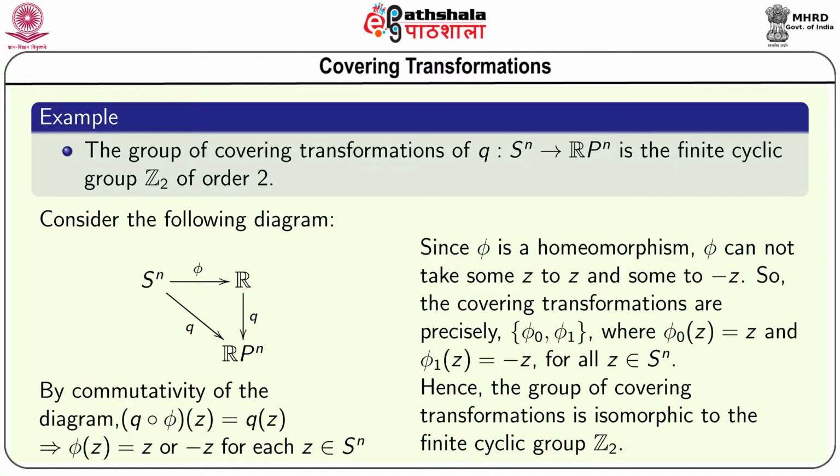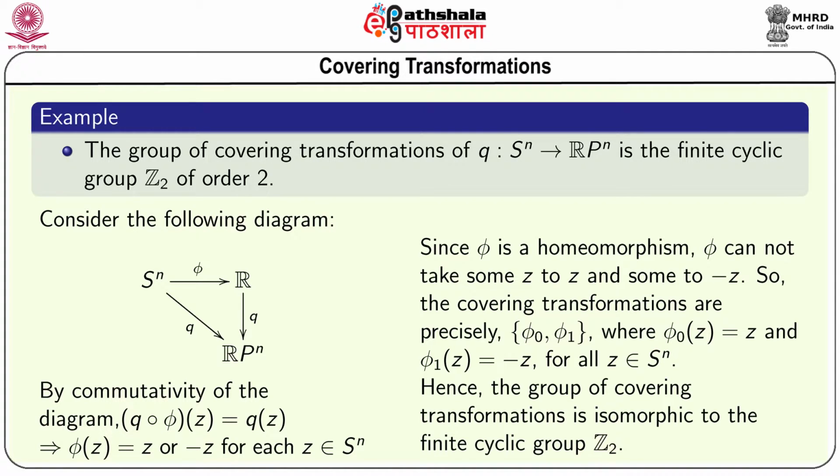By commutativity of this diagram, we then have that Q composed phi of z is equal to Q z. That means, phi of z must be either z or minus z for each z belonging to Sn. Since phi is a homeomorphism, phi cannot take some z to z and some to minus z.